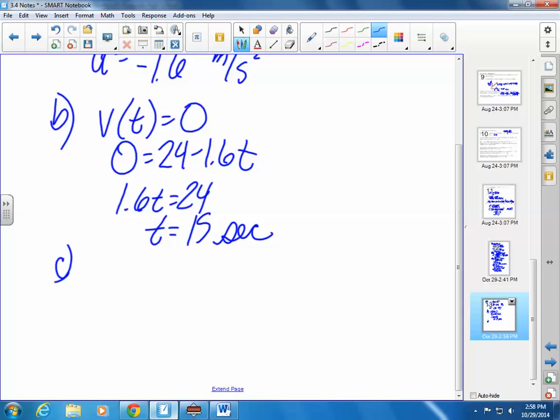All right, so C, how high did the rock go? Well, if that's how long it took to reach its highest height, how would you figure out how high it went? What would you do with that answer? Plug it into the original. Plug it into that position function, that 24t minus 0.8t squared.